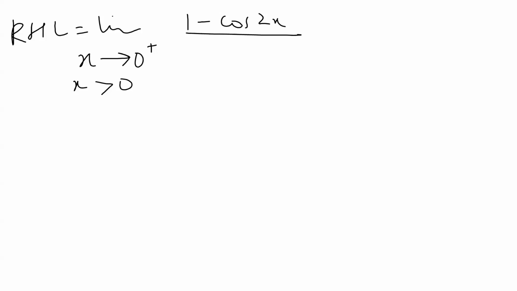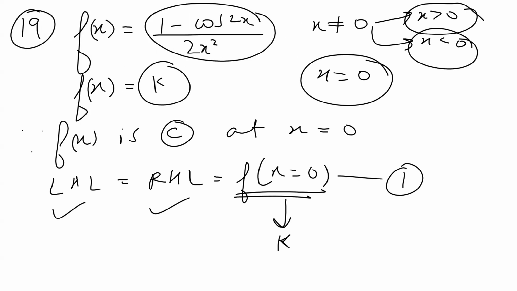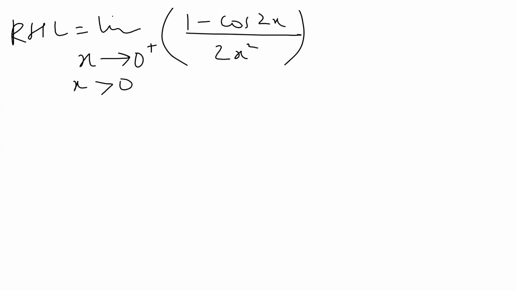Okay, so RHL: limit x approaching 0 plus, x is greater than 0. In the question, the function is the same for both LHL and RHL. For greater than 0 also the same function, lesser than 0 also the same function: 1 minus cos 2x upon 2x square.